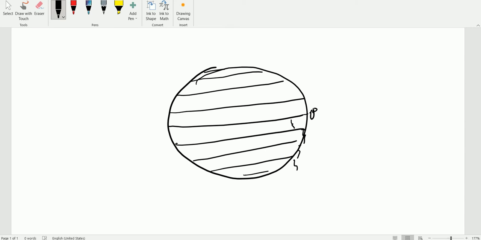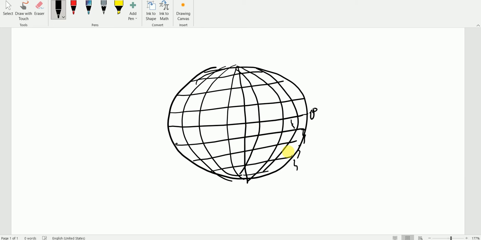However, for the longitude it is converse, converging at the poles like this. That means the distance between the longitudes is the greatest along the equator, and if you move towards the poles, the distance between the longitudes decreases gradually, because they converge at the poles.